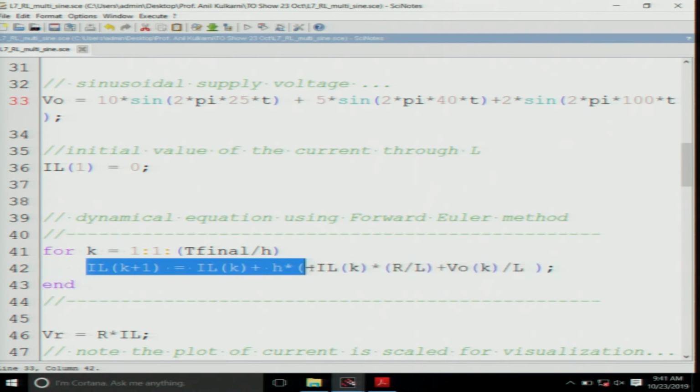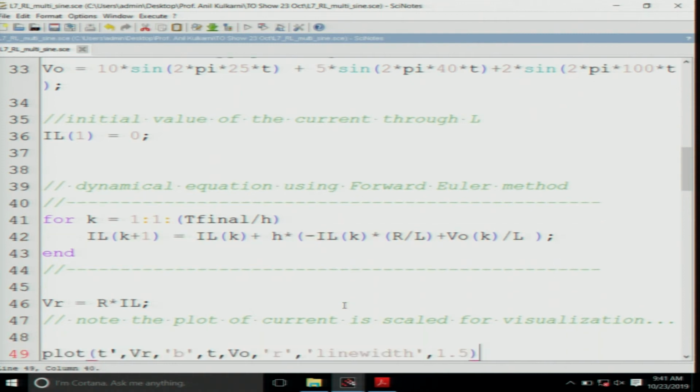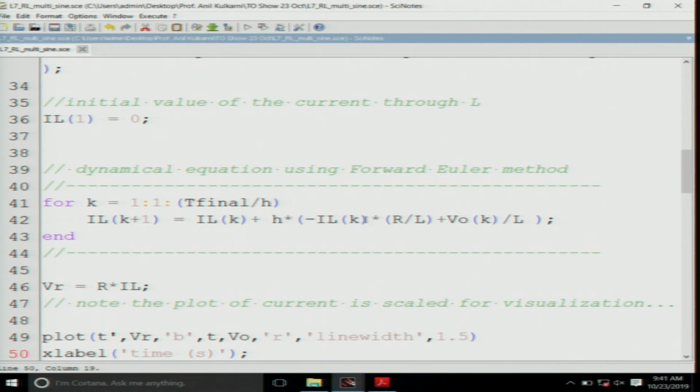I am not going to analytically get the transfer function, but numerically integrate in order to get the output, and in order to do that I have used the Euler method, which we have considered before. It is a simple Scilab program which you should try out for various other circuits as well.